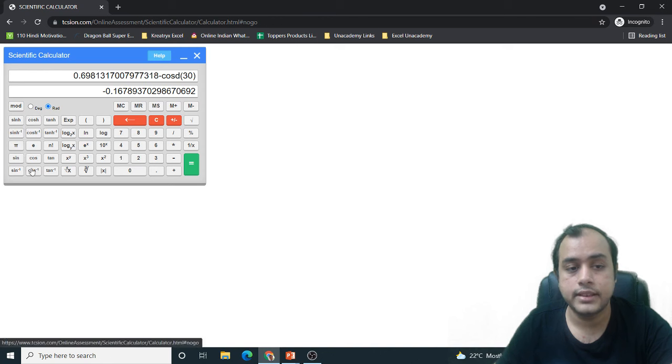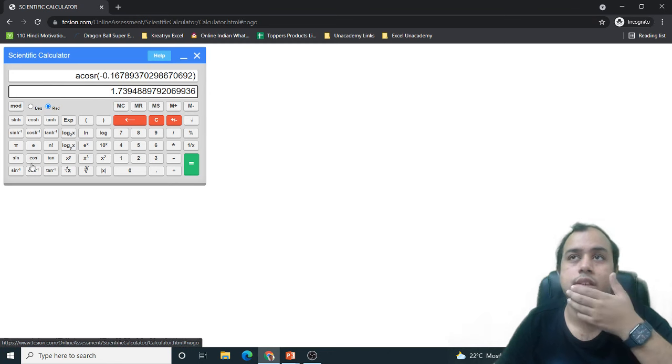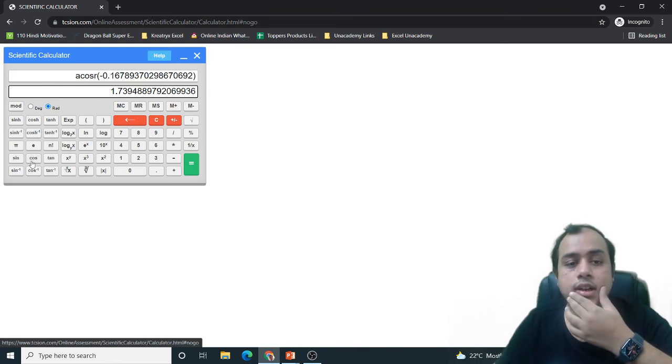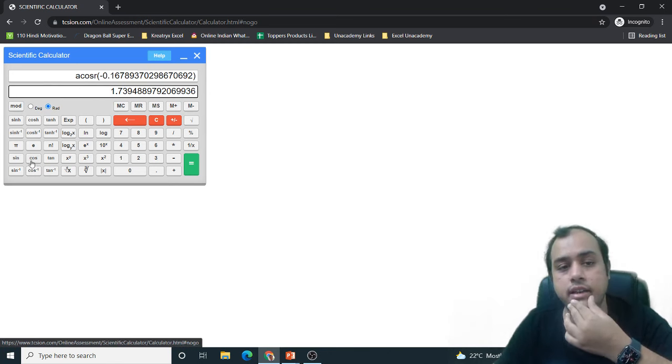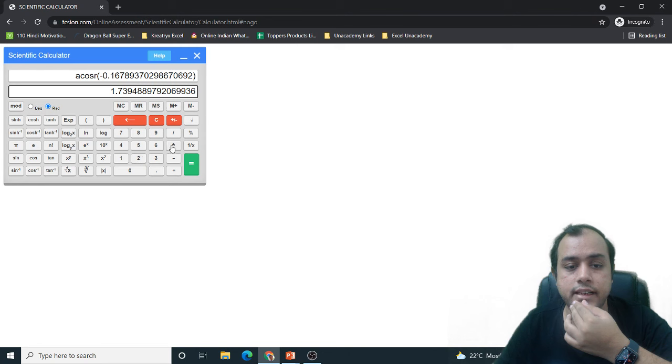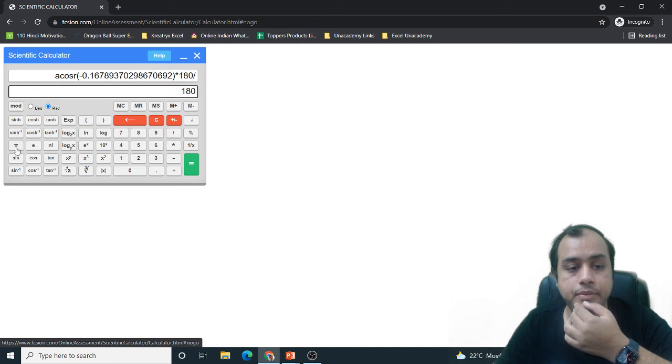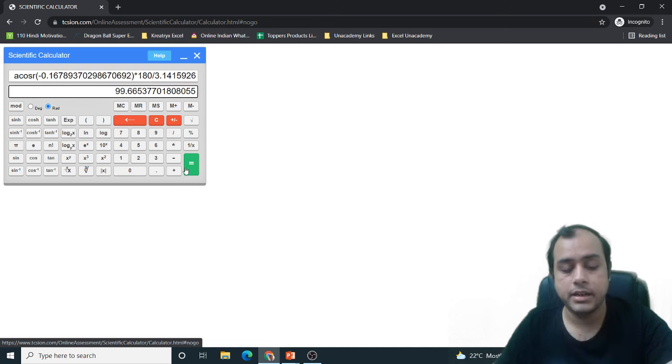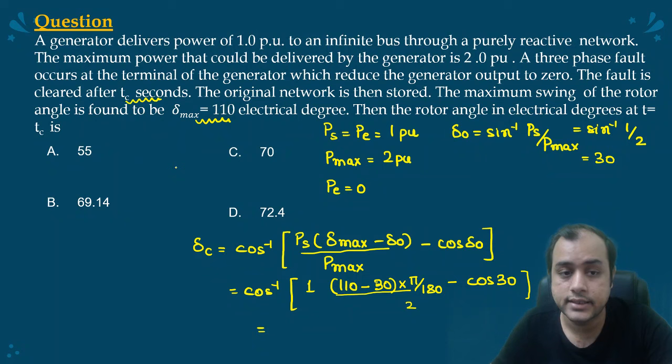I'll write cos inverse. But basically cos inverse, if I am taking of any value, it doesn't matter if it is in radian or degree, right? So 1.739, if I multiply it by 180 upon pi, I am again getting 99.66.